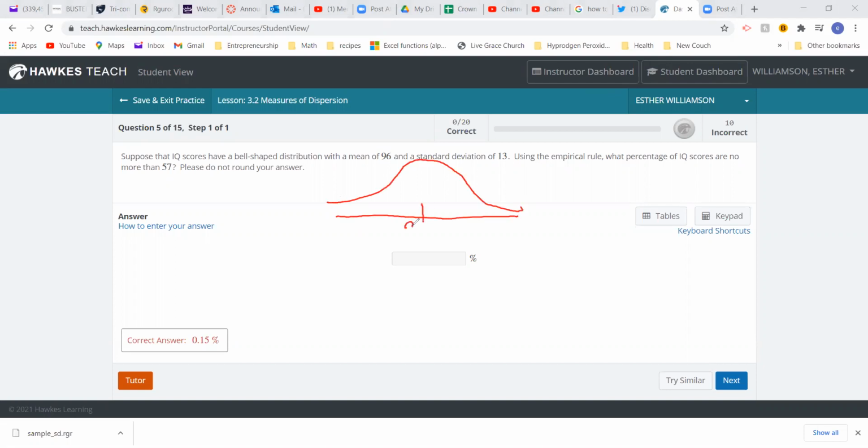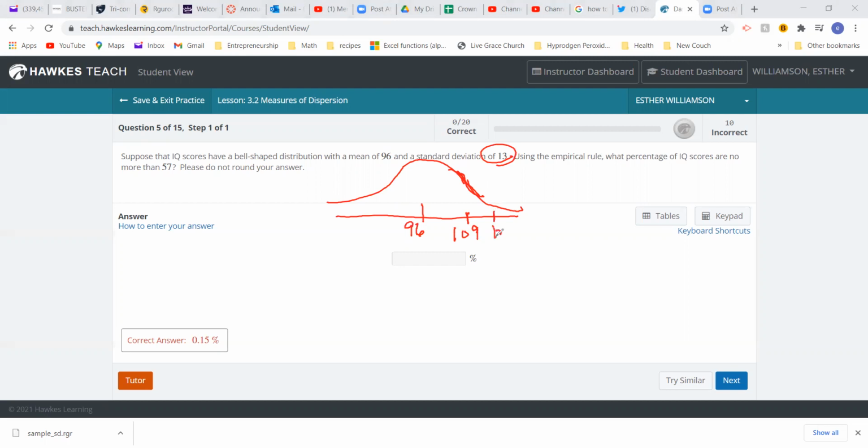So we have a mean of 96 and then a standard deviation of 13. So where it changes from concave down to concave up, that is where the standard deviation is. So if we add 13, you get 109. So that's plus 1 standard deviation, and then we'll add another.